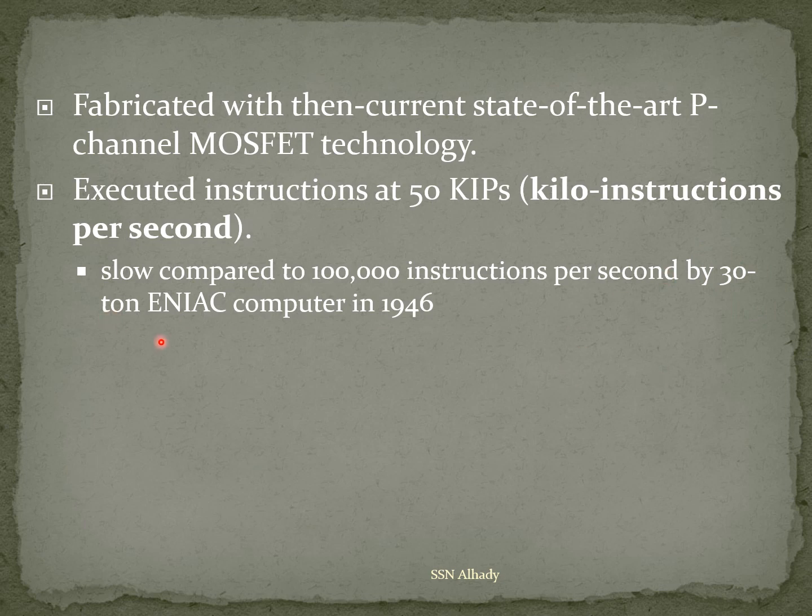Okay, the one that we looked at before this, the computer from 1946, can execute 100,000 instructions per second, but you require 30 tons of machine, compared to less than 1 kilo, which can execute 50 kilo instructions per second.